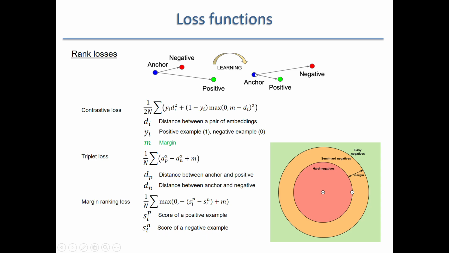You're given the three, but you are scoring this one and this one to say if they are similar to the anchor. And then your score is unbounded. And then you have a margin, and this maximum makes this idea that if your negative score is larger than the margin, then there is no penalization.